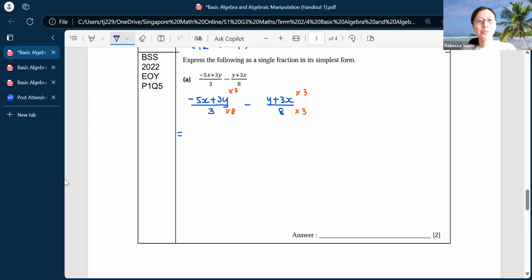Next, I am going to rearrange my first fraction by bringing the 8 to the front, and same for the second fraction by bringing the 3 to the front. Now I think we can combine both fractions under the same denominator.